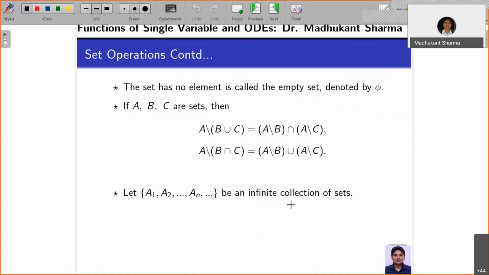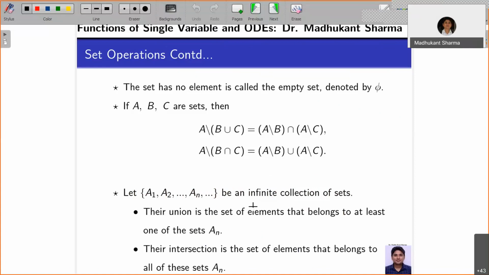Their union is nothing but the set of elements that belongs to at least one of the sets A. Earlier, A union B was the set of X such that X belongs to A or X belongs to B. Now, if you have a collection of infinite sets, the notation for union is the union over I equals 1 to infinity of A_I: A1 union A2 union A3, and so on. It's an infinite collection.